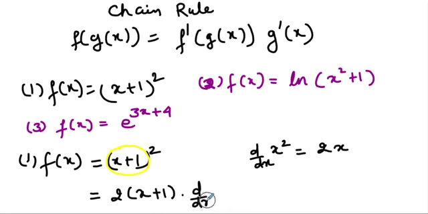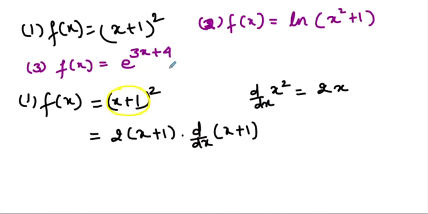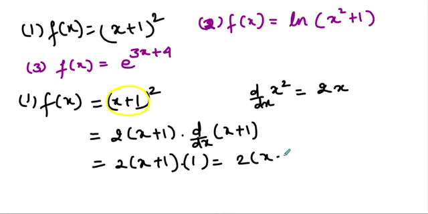So again, I need to differentiate the function x plus 1, which is given as 2 times x plus 1 times the derivative of x, which is 1, and the derivative of 1 is 0, so just 1. So 2 times x plus 1 is the derivative of the function.